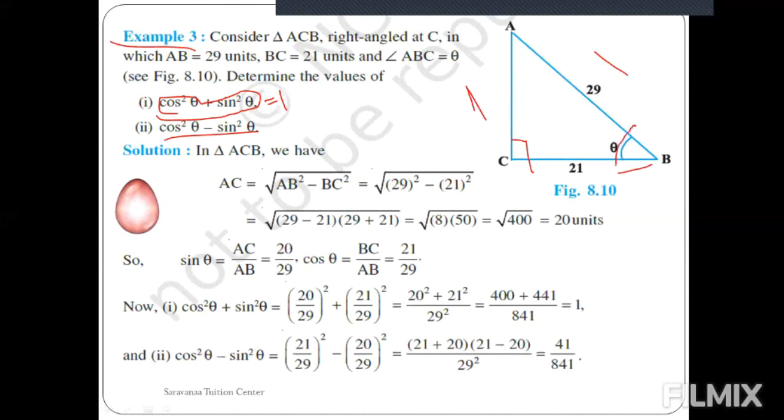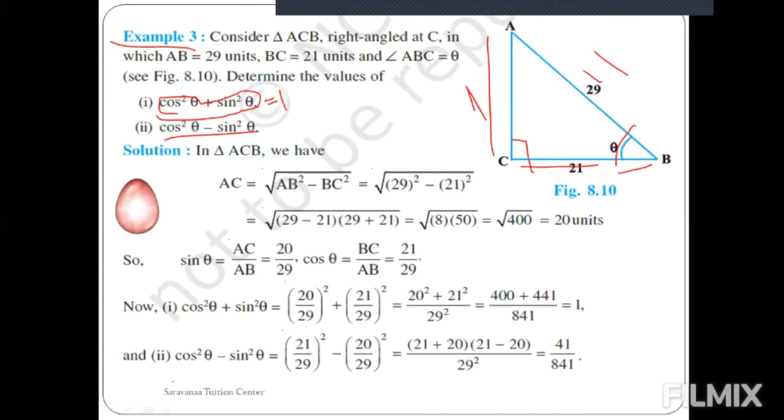For cos theta equals adjacent by hypotenuse, that is 21 by 29. And for sin theta, it is opposite by hypotenuse, that is 20 by 29. So we need to find AC by Pythagoras theorem. So cos theta we have found, 21 by 29.